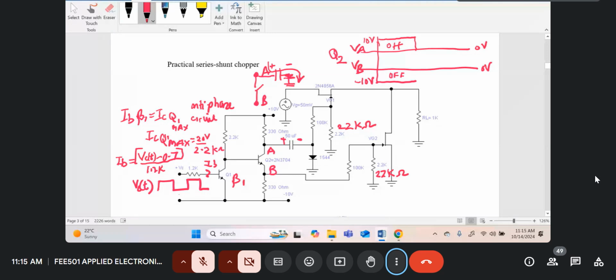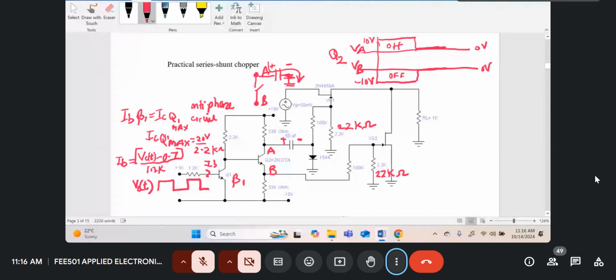So next, let the driving voltage cause the transistor Q2 to come on. When it comes on, the voltage at A will become 0. The voltage at B will become 0. So we'll have a situation like that.